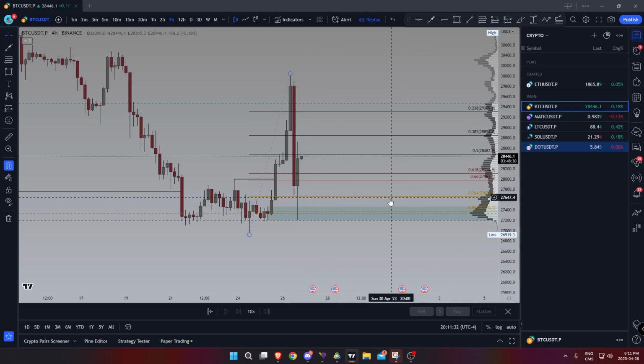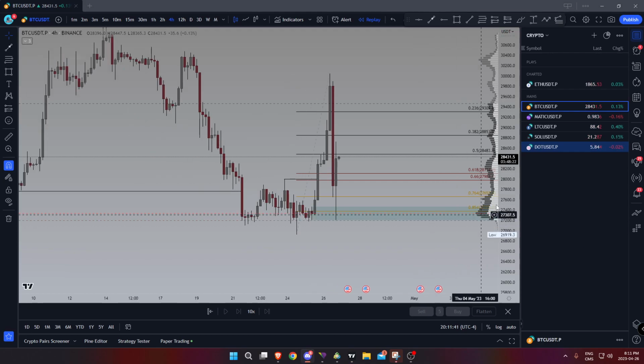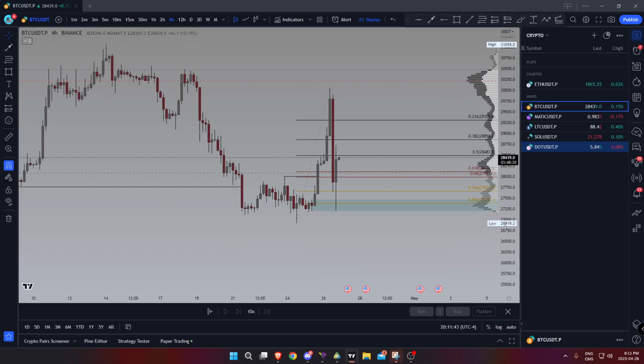But with this low setting, I have way more order blocks that align with this. It's just a bunch of confluence that I'm trying to have at the same time with my volume profile, the fib tool, and the valid order block.